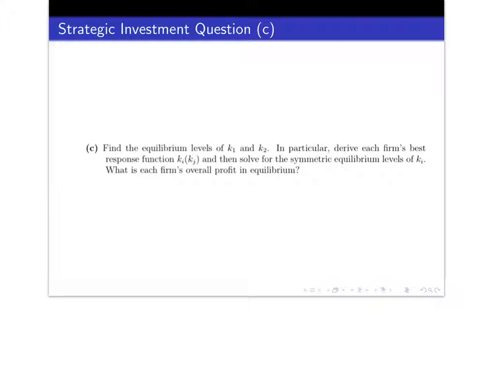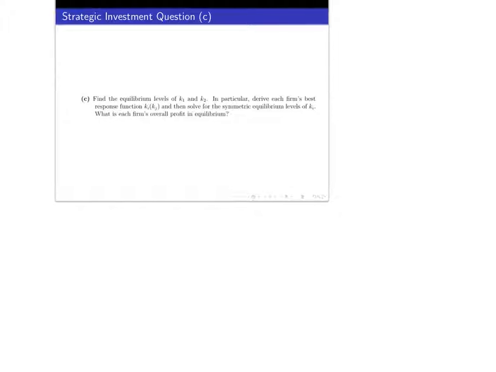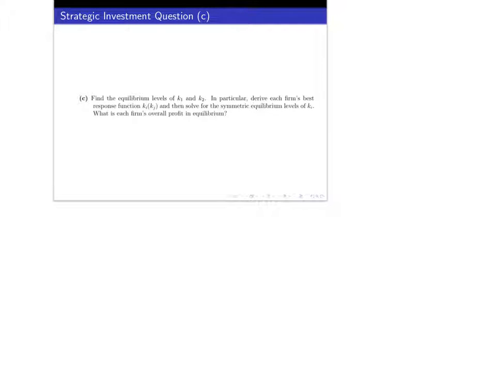Alright, so the next thing we do is we find the equilibrium levels of K1 and K2. In particular, derive each firm's best response function, and then solve the symmetric equilibrium. What's the profit? Okay, so again, our favorite exercise.